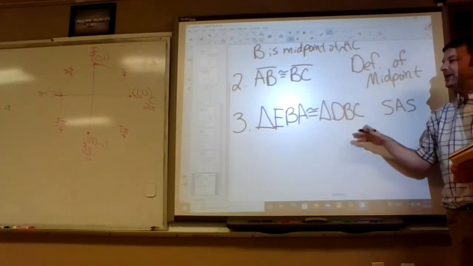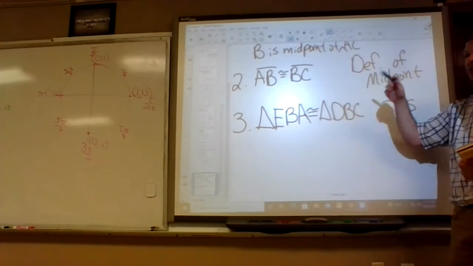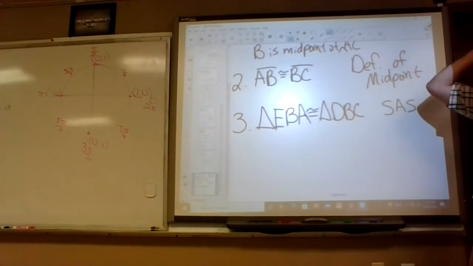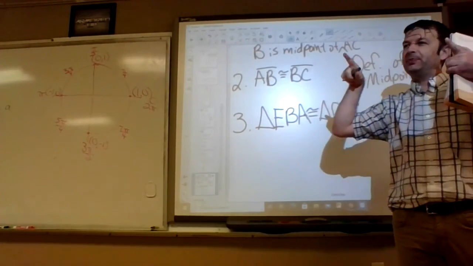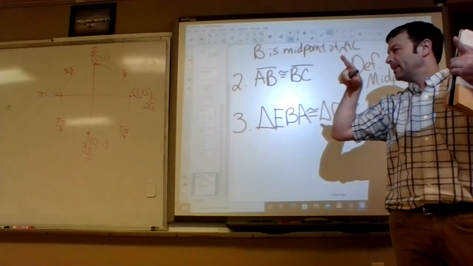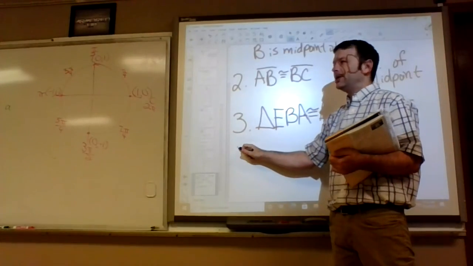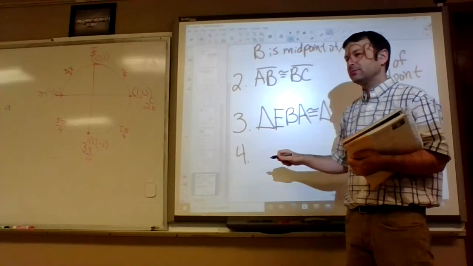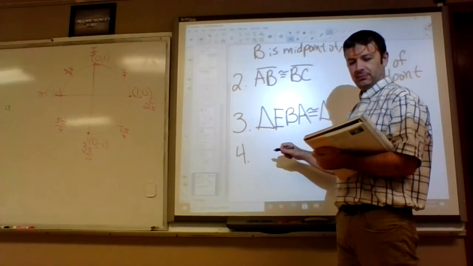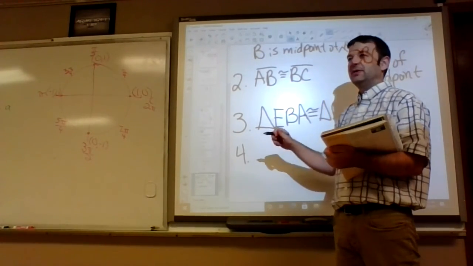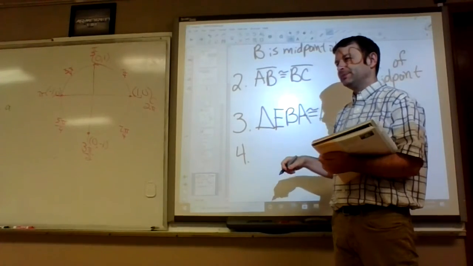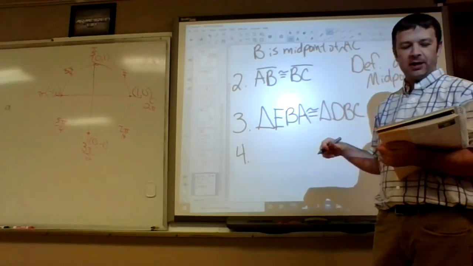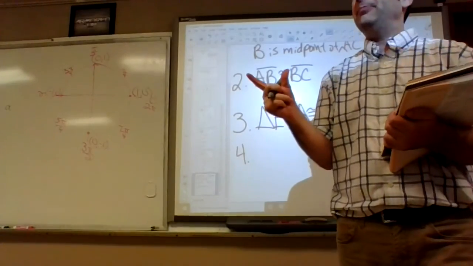All right, that's not actually what we were trying to prove, though. What we're trying to prove is that those angles on top are the same. So how do I know the angles on top are the same? CPCTC. Right. If the triangles are the same, the parts are the same.